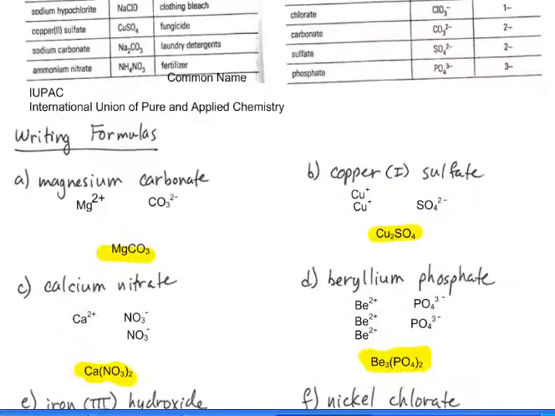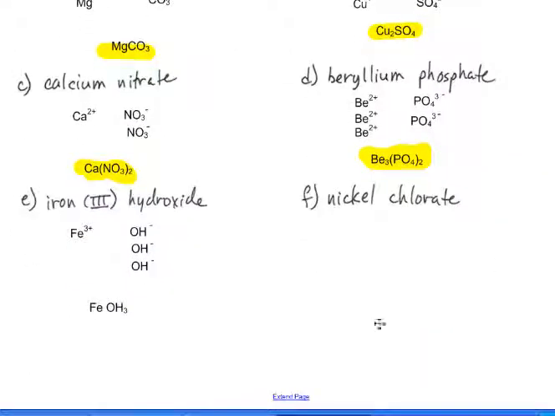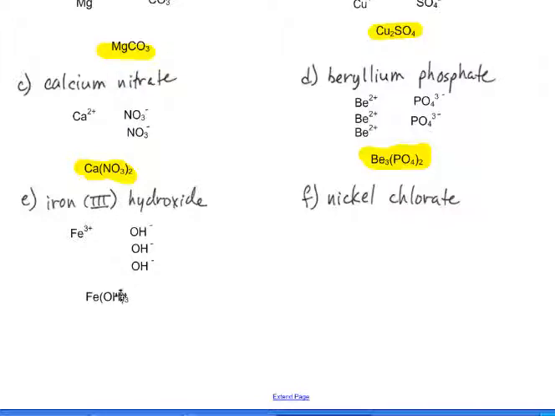So whenever you have to have more than one polyatomic ion, you have to use brackets to illustrate that that subscript applies to the whole part of that polyatomic ion there.